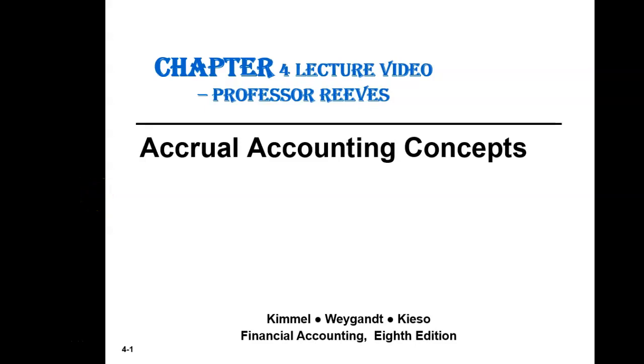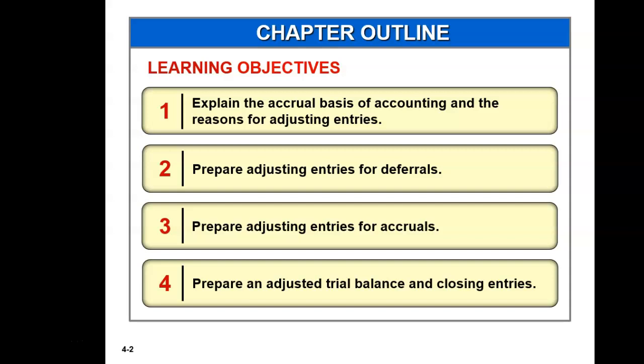Well, hello everyone. In our chapter 4 lecture, we're going to cover what's known as accrual accounting concepts. Are you ready? Let's go. We'll talk about the accrual basis of accounting. What does that mean? And we'll focus on why we're required to do adjusting entries at the end of the accounting period.